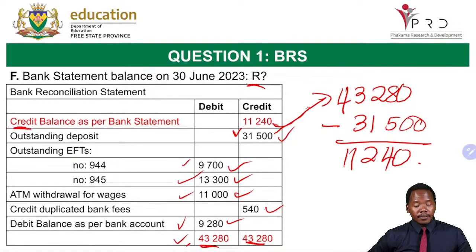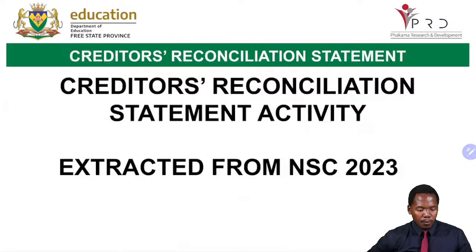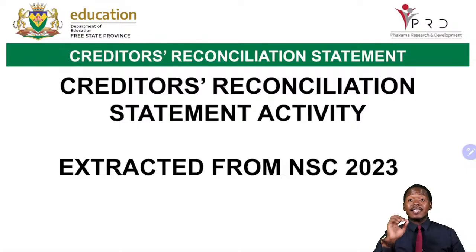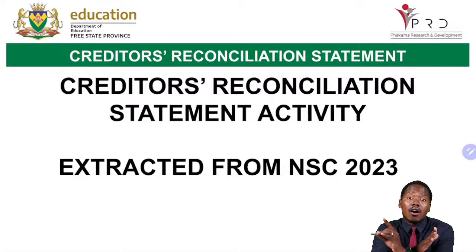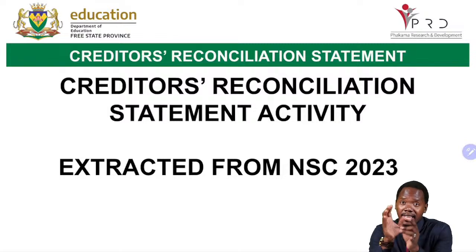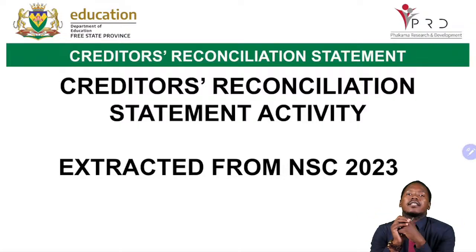Now let us move on. We are now looking at our creditors reconciliation statement activity, extracted from the NSC 2022. Remember, our debtors reconciliation statement will just be the opposite of the creditors, meaning anything done on the debit side in the creditors, in the debtors it's done on the credit side.